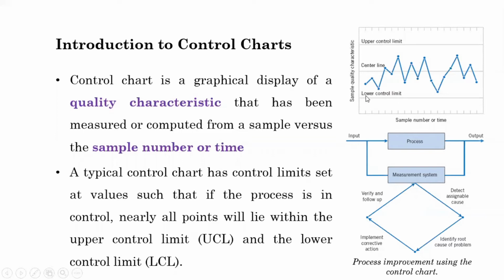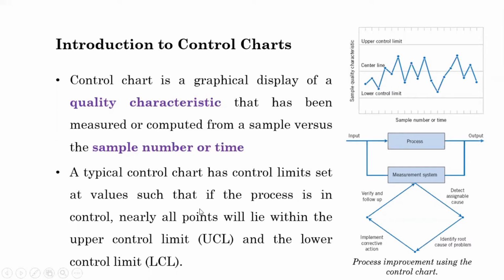These are computed from the aggregated evaluation of these sample points. The sample data points are merged together and analyzed from a certain perspective in order to identify the center line, the upper control limit, and the lower control limit. So these are derived from the process itself. Please take note of this.